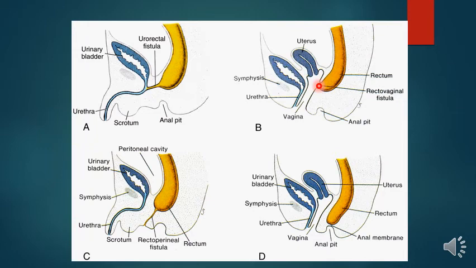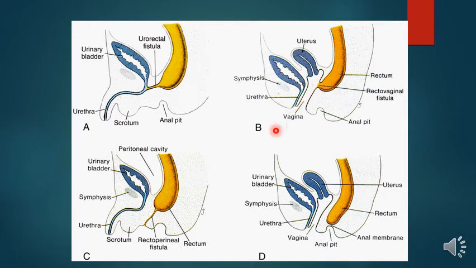The Mullerian duct is the other name for the paramesonephric duct, which gives rise to the female reproductive organs. Because Rathke's fold has the Mullerian duct, failure of inward growth of the lateral folds results in a rectovaginal fistula in females, whereas in males it is a rectourethral fistula at the level of the colliculus seminalis of the prostatic urethra. Okay, so that is the rectourethral or rectovaginal fistula.